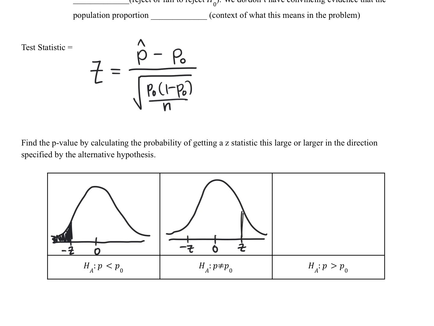We don't know which ahead of time. And it's the area above or the area below combined. And then lastly, if your alternative hypothesis is greater than, the mean is 0, our test statistic would be greater because it's above, and our area is the only thing above. So it's very similar to what we were looking at when we talked about where p hat falls in relation to our null hypothesis.